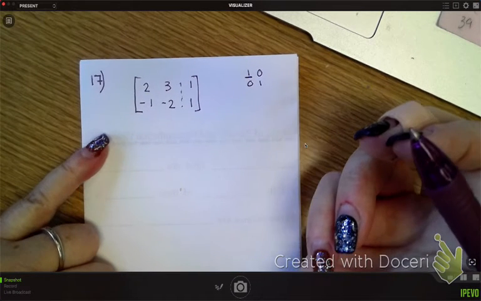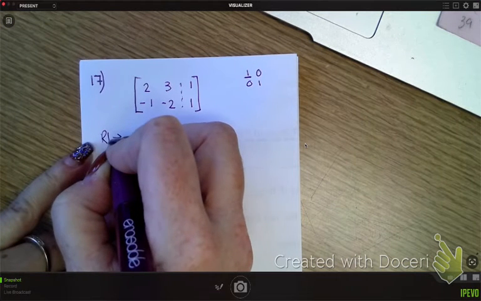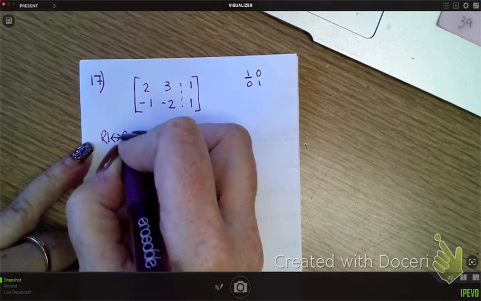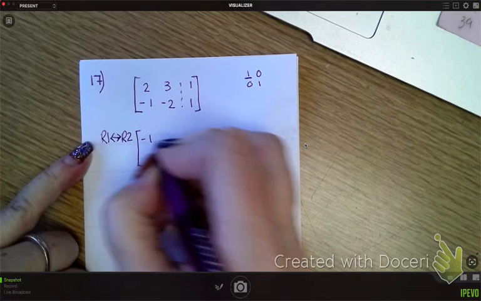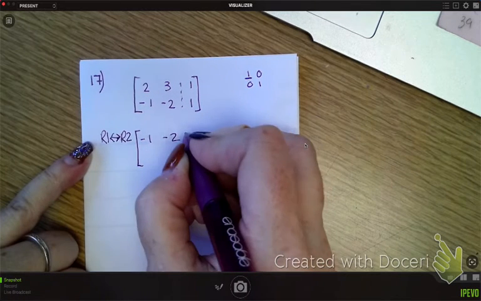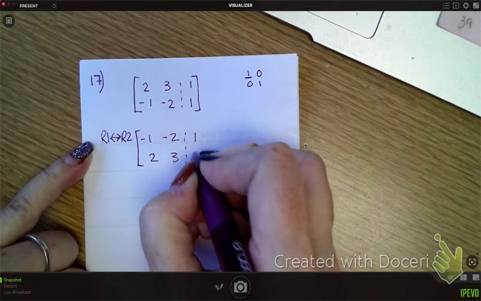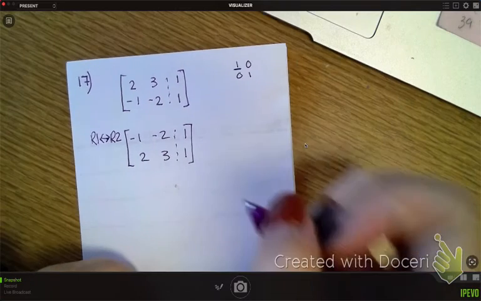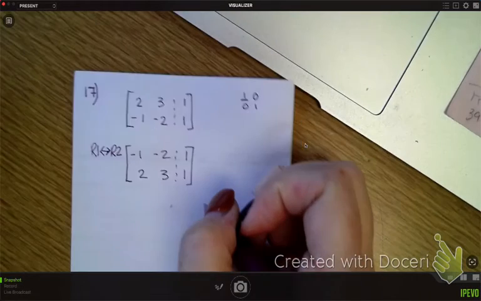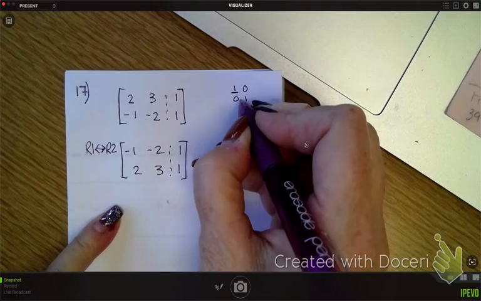Yeah. So I'm going to take R1, R2. And -1, -2. Okay, so I got that. So I need to get the 0 right here.